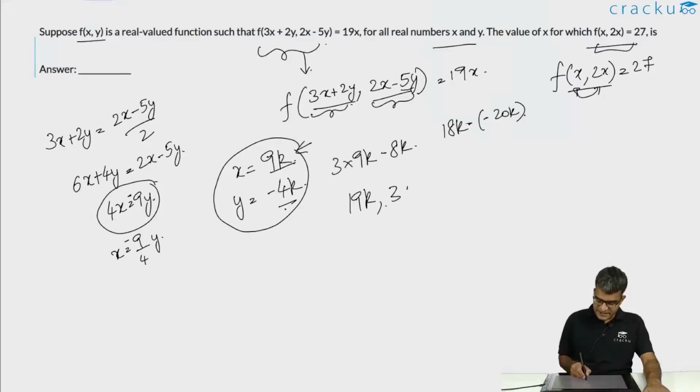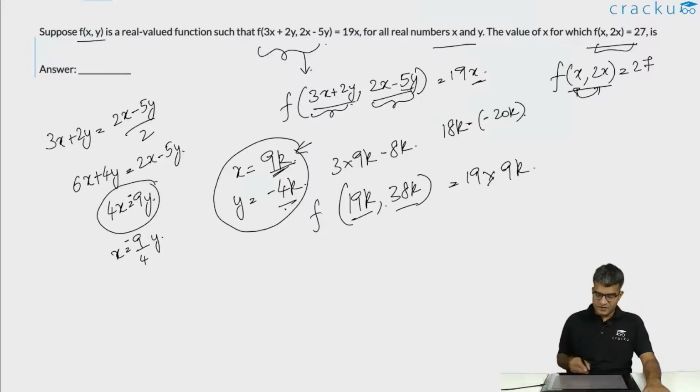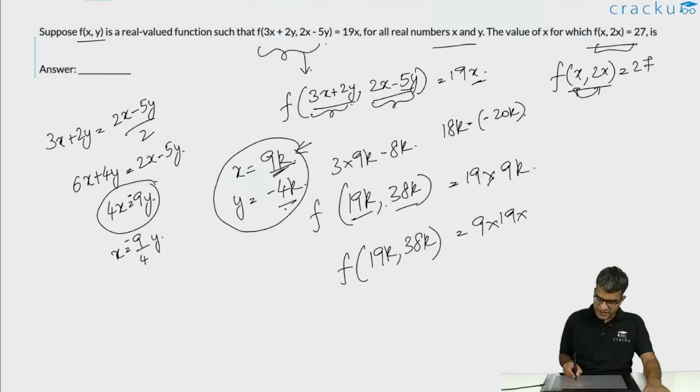So this is 38k. So f of 19k comma 38k is equal to 19 into what is the value of x? x is 9k. So the value of f of 19k comma 38k is equal to 9 into 19 into k.